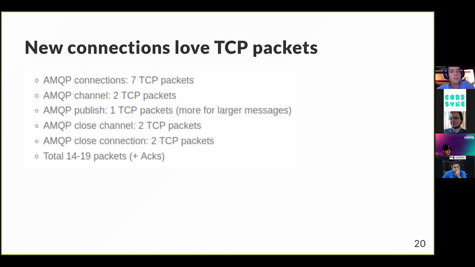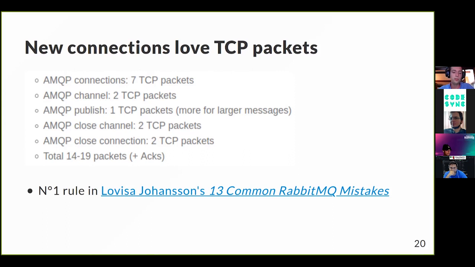Another rookie mistake we made, like many people, was not using connections and channels correctly. I took this screenshot from a well-known blog post, 13 common RabbitMQ mistakes, written by Lovisa Johansson, and the number one thing she says is to be aware that AMQP is really TCP loving, to say it like that.